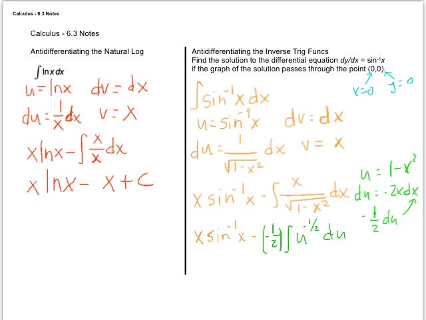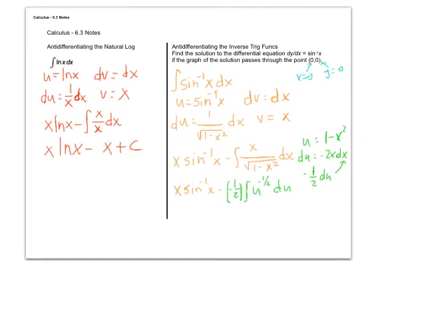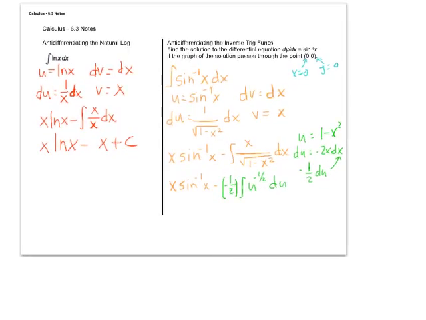Okay, and when you integrate u to the negative 1/2 du, you're going to add 1 and divide by that new exponent. If you just integrate negative 1/2 the integral u to the negative 1/2 du, this is going to be negative 1/2 times u to the 1/2 over 1/2.